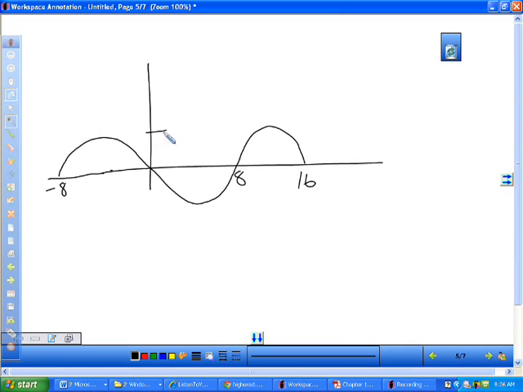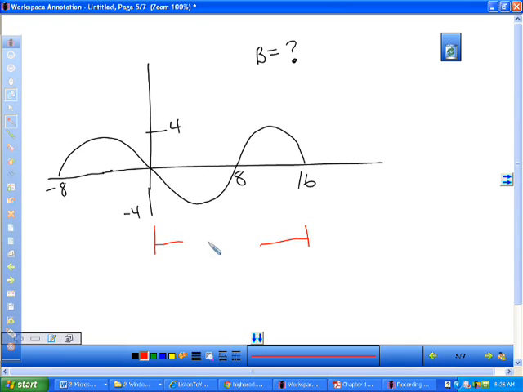And if I show you something like this, 4. What if I ask you for the b value here? What is the b value? What do we do here? We concentrate on one of the functions, either this one here, one of the cycles, or this one here. Let's concentrate on this one here. What is the length of that from here to here? What's the length from there to there?